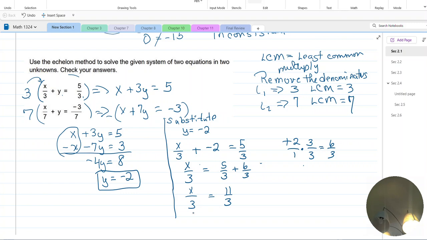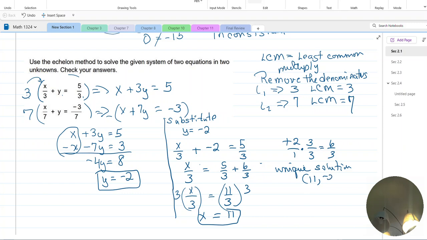Now, because the denominator is 3, I'm going to multiply both sides by 3. So that x then is 11. All right. So I have a unique solution of 11 and a negative 2.